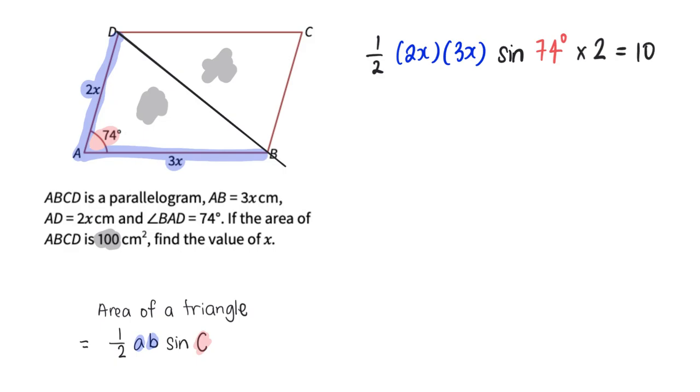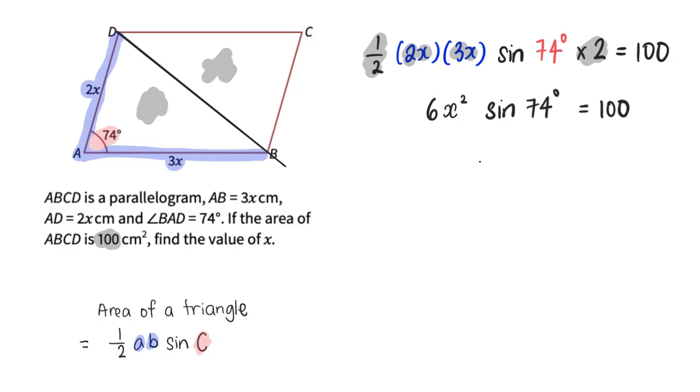And this will be equals to 100. So from here, I could slowly simplify. Half times 2 is equals to 1. 2 times 3 is 6. x times x is x squared. So you have 6x squared, still multiplied by the sine of 74 degrees, equals to 100.